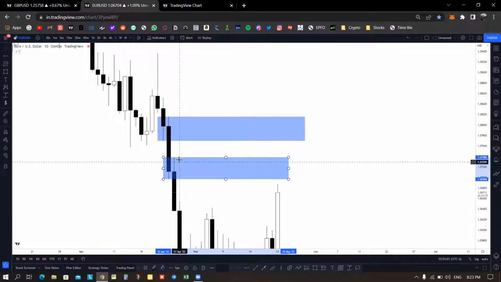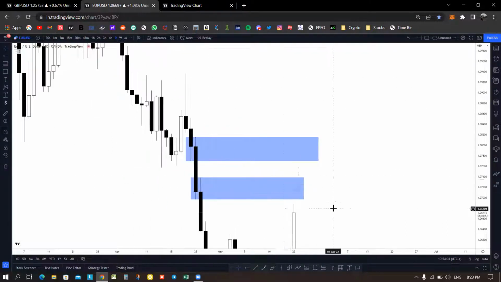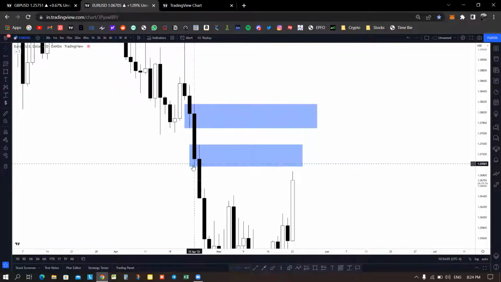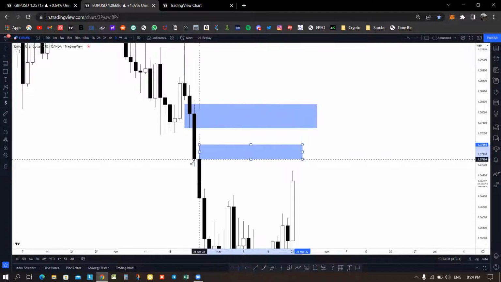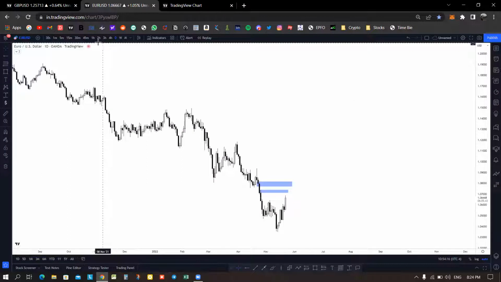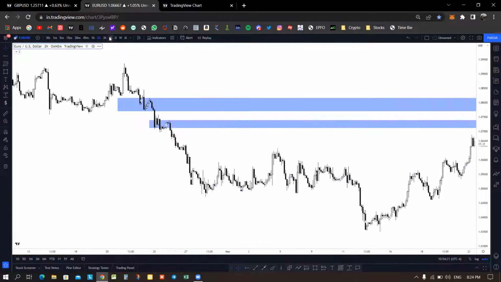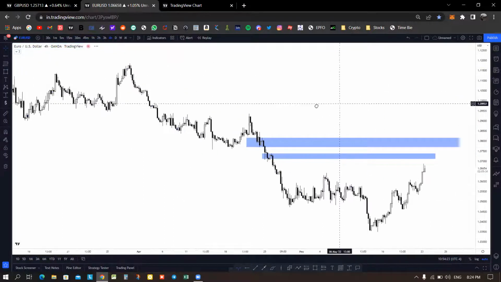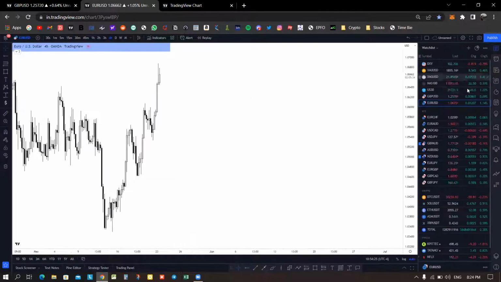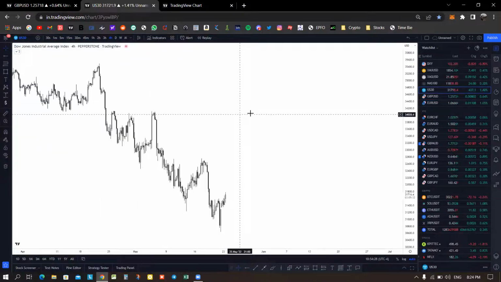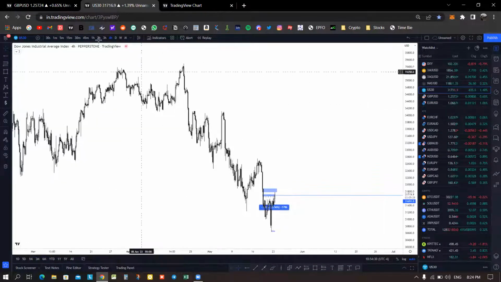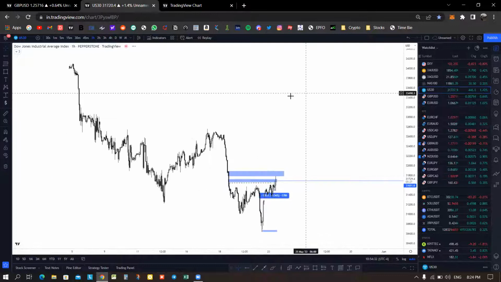So this will be more realistic. I will wait for price to come here and give some sort of reaction from the top of the wick. So I won't take any sales from the discount level. I will look for the premium zone for the sales. So this is how I see it. I always mark those kissing candle areas as points of interest. So that's how I mark my point of interest areas.